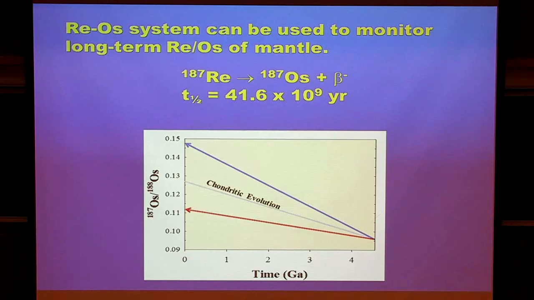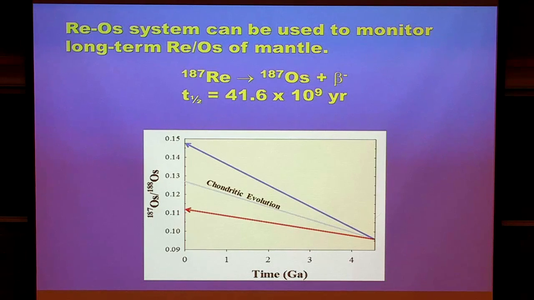If we fractionate, vary the rhenium-osmium ratio within the mantle by even a small amount, long ago when these elements were placed into the mantle, we might get evolution along a trajectory like this or like this. And we will see differences, therefore, in the modern-day isotopic composition that we project from the models that we're going to run today.